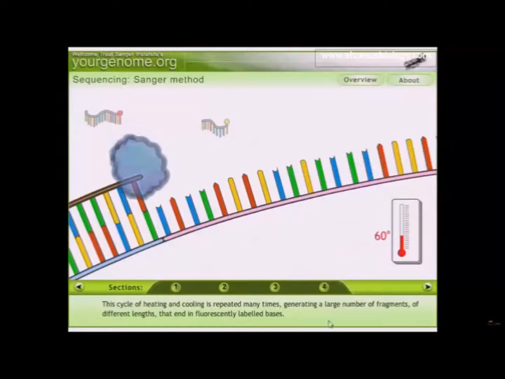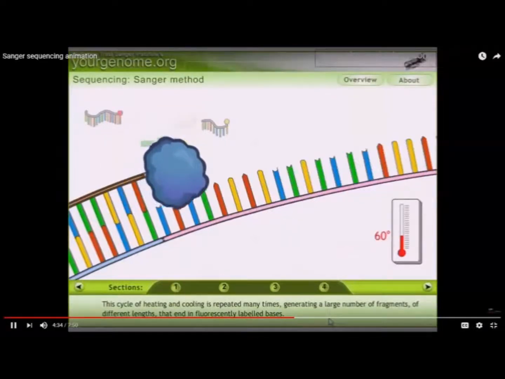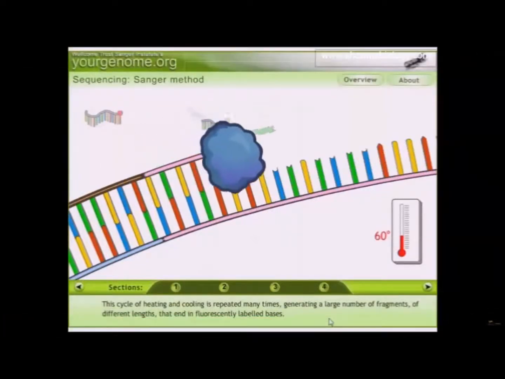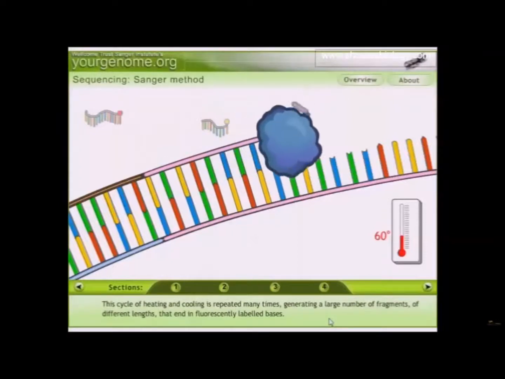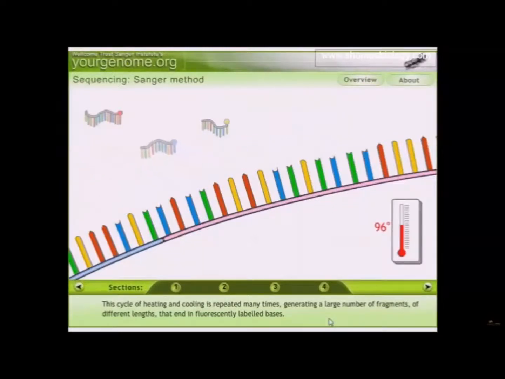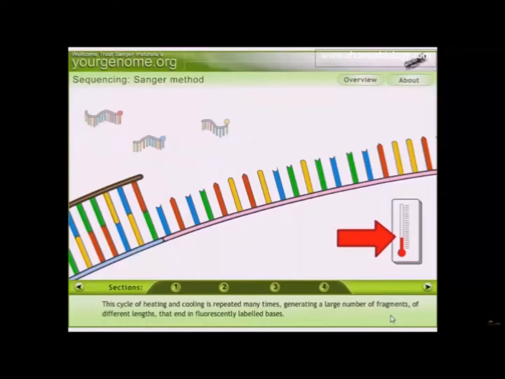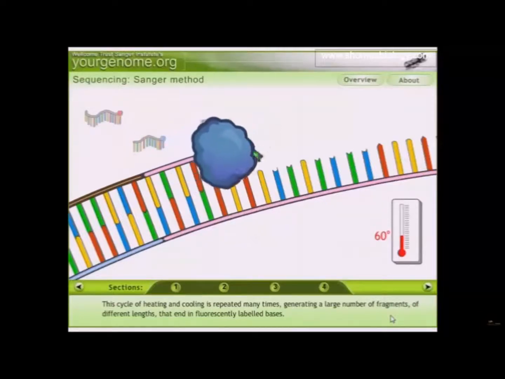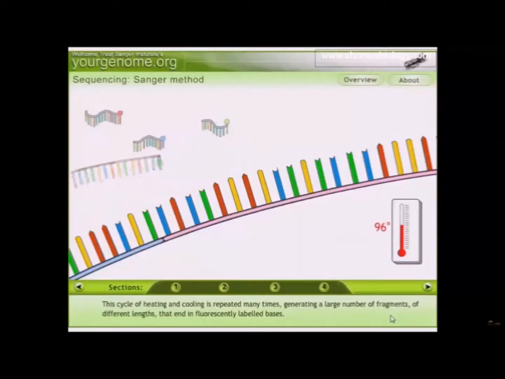So what we are getting here are different DNA segments with variable lengths, and at the end of each single-stranded DNA segment, we have a fluorescently labeled altered base. So it goes on and different populations are produced.